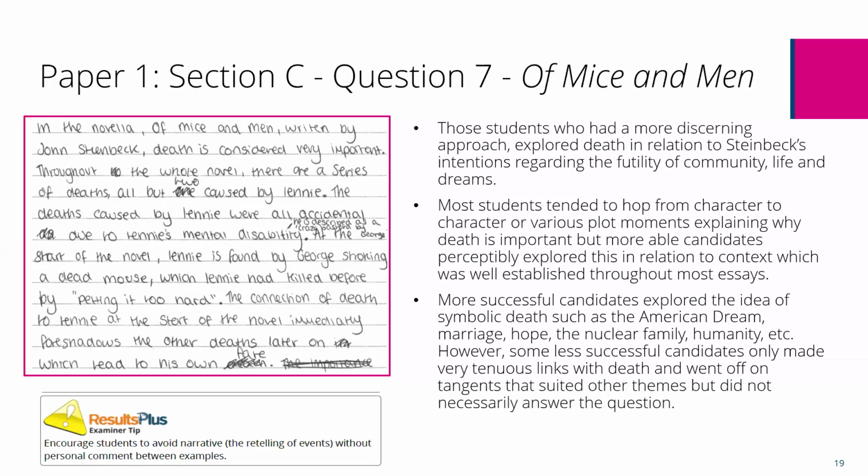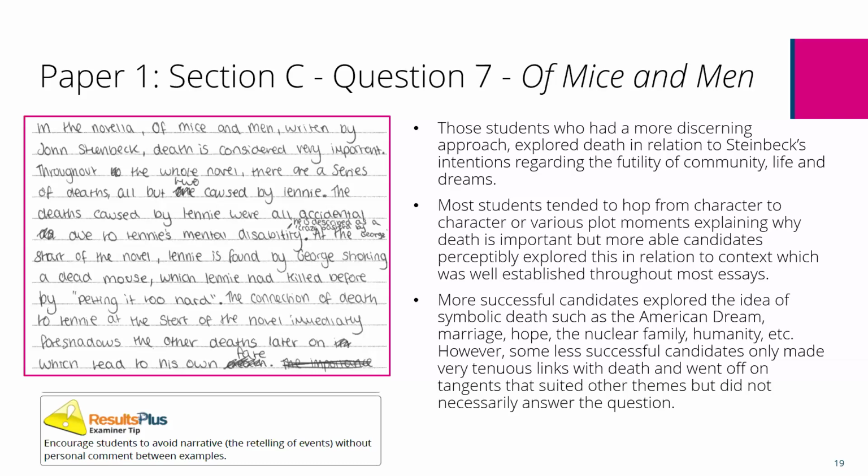However, some less successful candidates only made very tenuous links with death and went off on tangents that suited other themes but did not necessarily answer the question. Social historical context was generally well covered in this, as through looking at death, candidates were able to explore the ranch as a microcosm, social Darwinism, factors surrounding mental illness in the 1930s, the role of women, all of those kind of things.